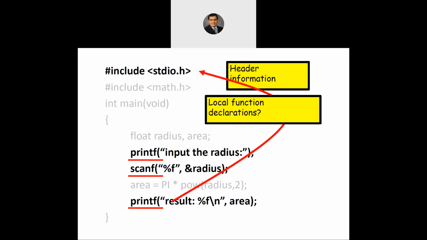So, in every C program, you should have a header file. And these header files represent which functions you can use in your program. For example, stdio.h will ensure printf and scanf work. Math.h will ensure your pow function works, and so on.